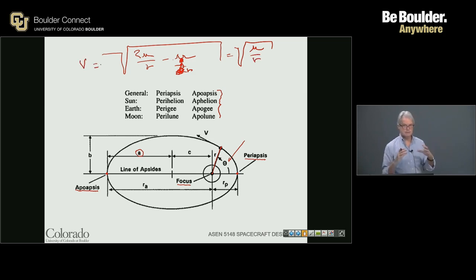So as ellipses get smaller, the vis-viva equation just comes back into the equation for a circle. Any questions about lines or references to the ellipse?